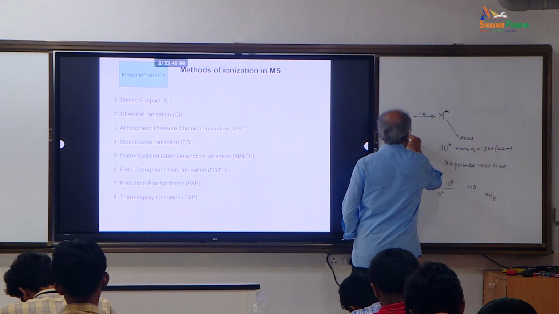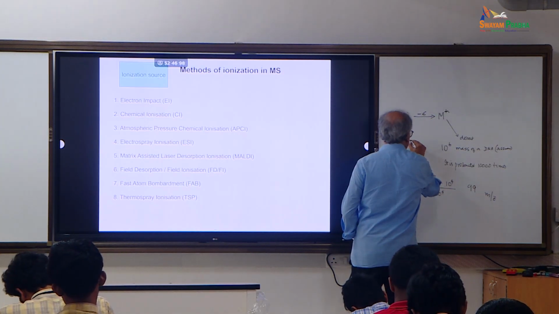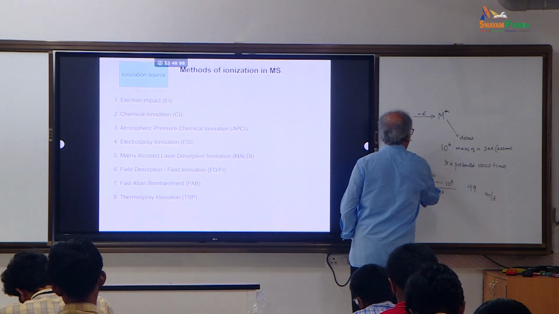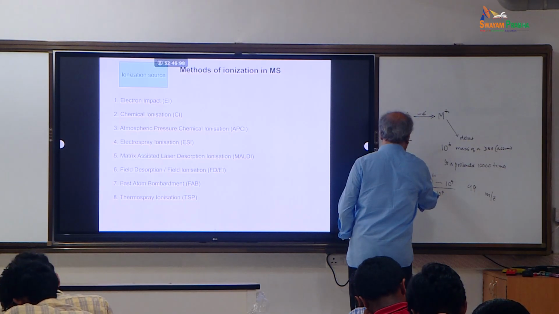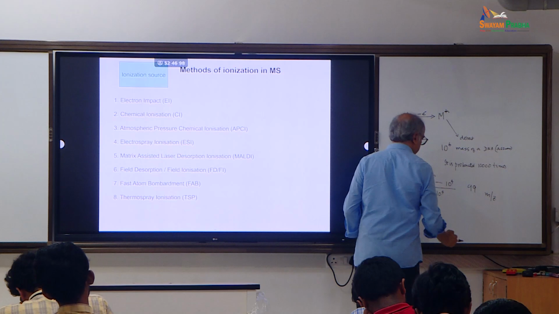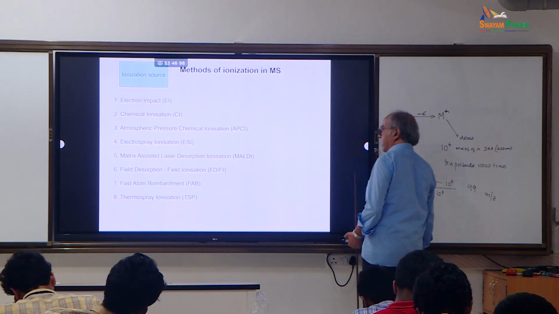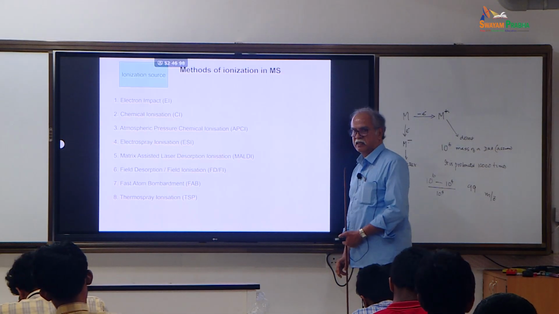You add an electron, you produce an anion radical, detect it. These are the two ways of detecting ions in the gas phase.